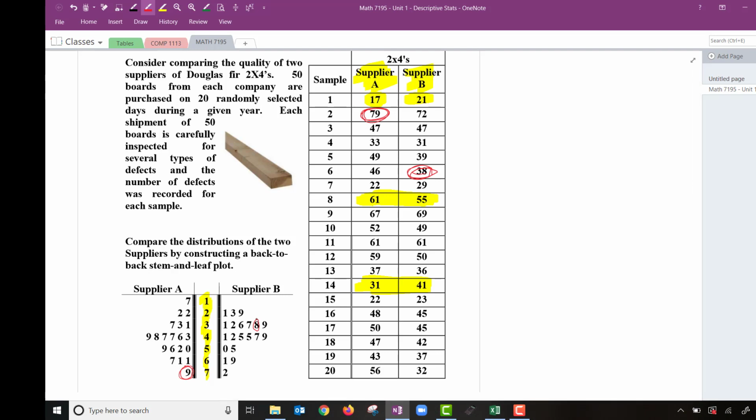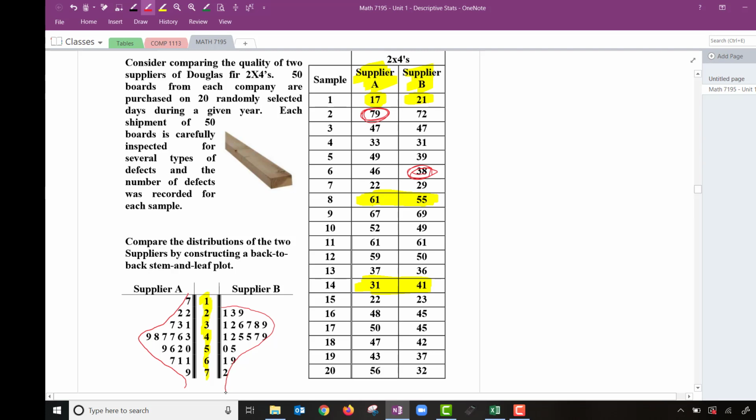It only took a minute, and it gave me a pretty good idea of who the winner is, even without doing any more. I can see that we have a classic bell curve for supplier A. Supplier B might have a bit of a skew, and in this case it would be a skew to the right, or a skew towards the higher numbers. Now in this case, we're looking for which one has lower defects.